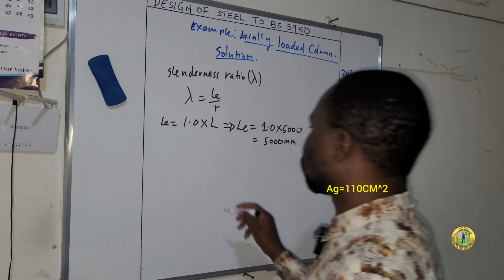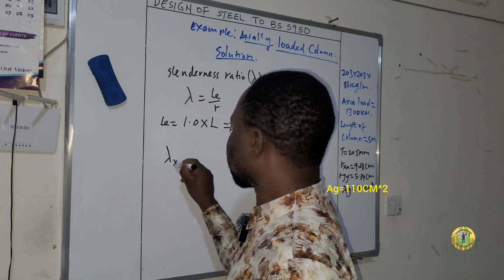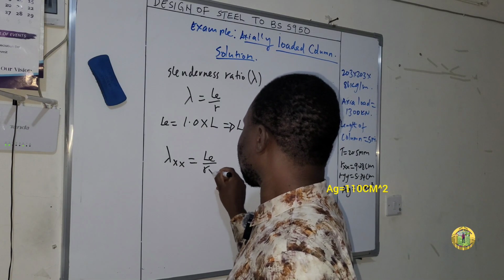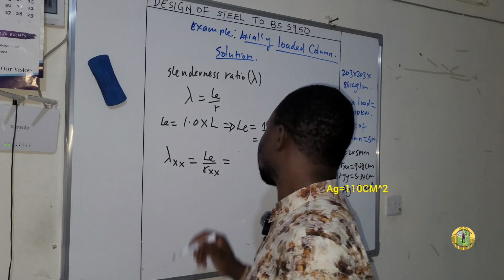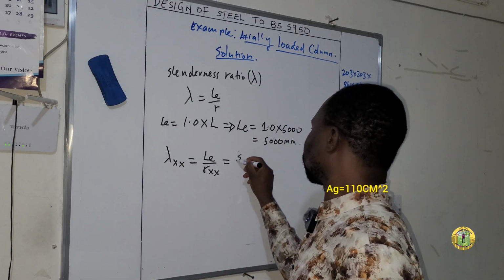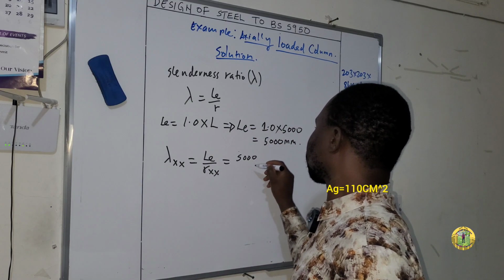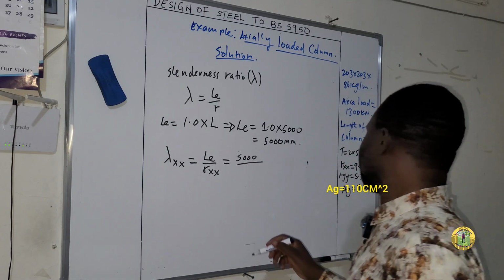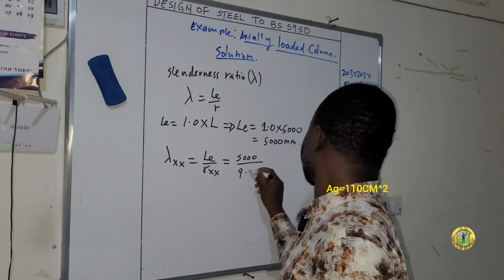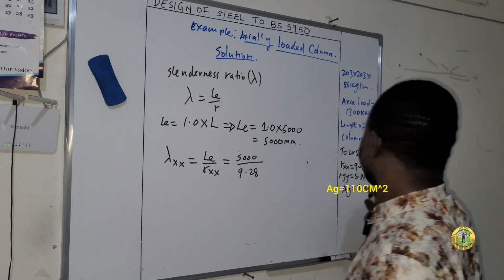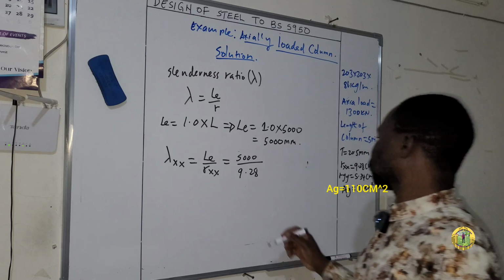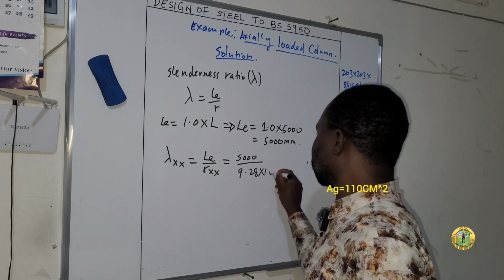So the slenderness ratio for XX axis is equal to LE over RXX. So this one is equal to 5,000 millimeter all over 9.28. Remember, this is centimeter. So you will multiply by 10 to change it from centimeter to millimeter.